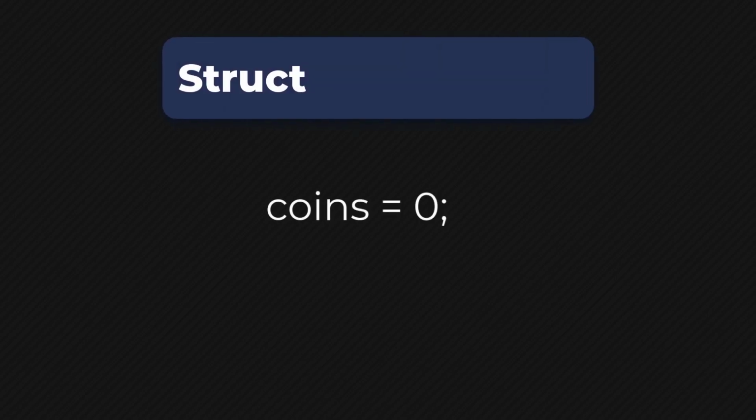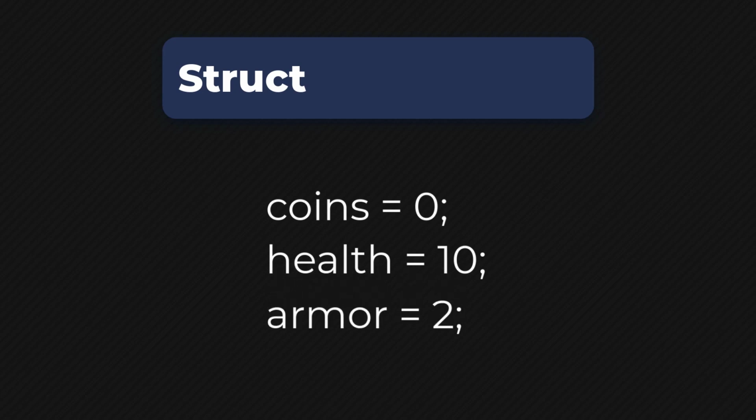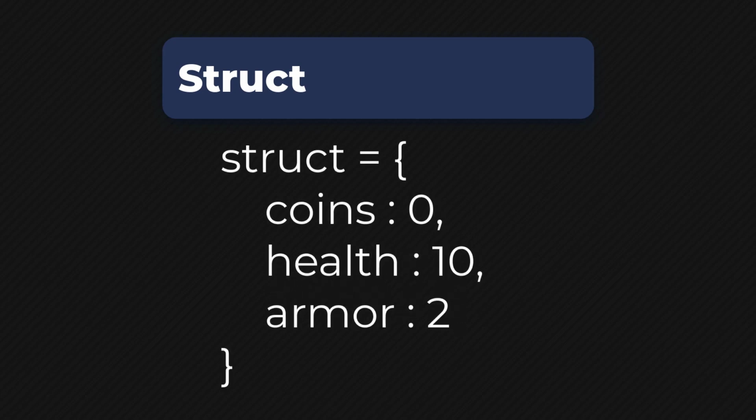One kind of variable that we are gonna create in this lecture is called a struct. You know how a variable can store a value and you can create multiple variables to store different values. A struct is simply a collection of variables. So you can create a struct using curly brackets. Within those brackets you can create variables with values, but instead of using the equal sign, here you use the colon sign.